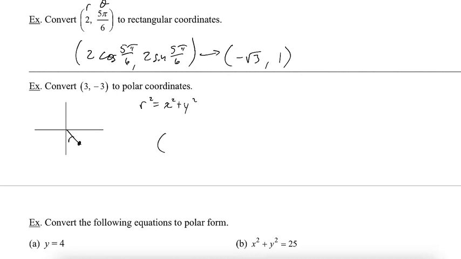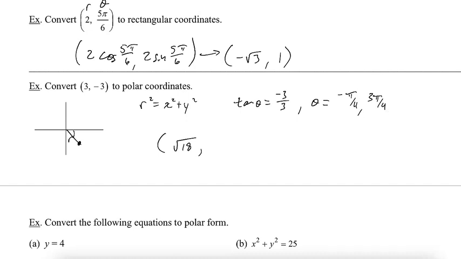Right, so r, 9 and 9 makes 18, so r is root 18. And I need to know an angle. Well, I can get the angle by doing tangent if you want to. Y over x, so negative 3 over 3. So this theta will come out as negative pi over 4. It could also come out as 3 pi over 4.